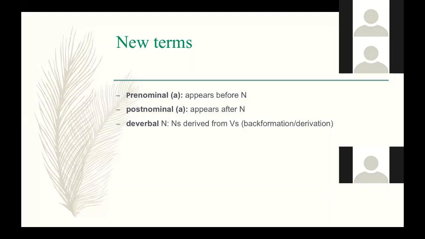Maybe it uses the back formation process or the derivational process that we learned last time in the course Introduction to Linguistics. For example, if you have the verb travel, you can have the noun travel. So this noun travel is a verbal noun because it is derived from the verb. Or we have the verb argue, so we can have the noun argument. And this is a verbal noun because this noun is derived from the verb.